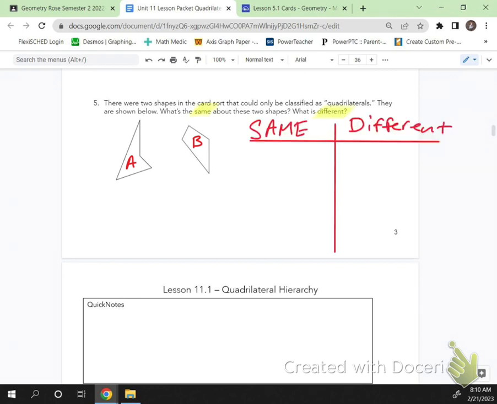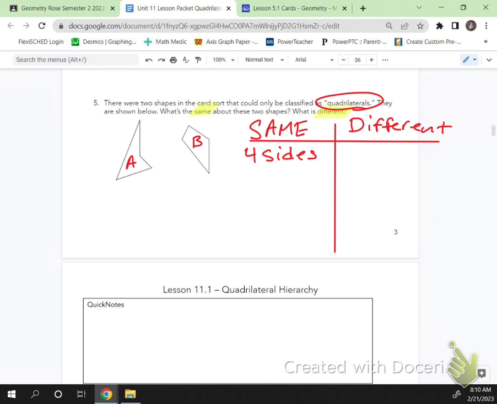You said they have 4 sides. They're both quadrilaterals. Yep. We established that. They're different shapes.